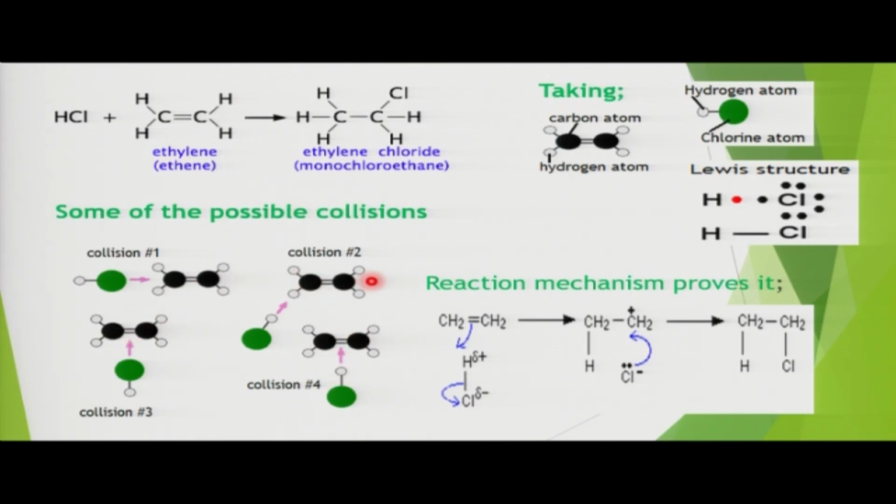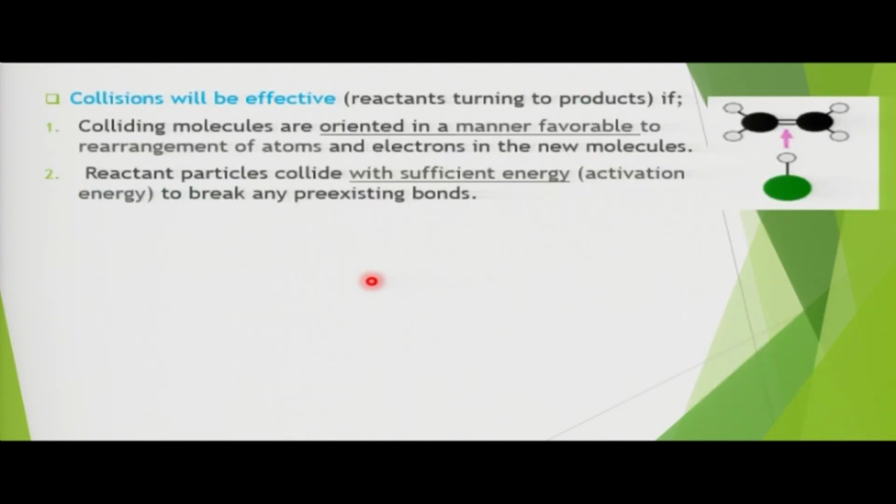Now, this takes us to see what factors lead to effective collisions. If you want to get the product, then the collisions must happen between the molecules at a favorable arrangement to allow atoms and electrons to form new molecules.